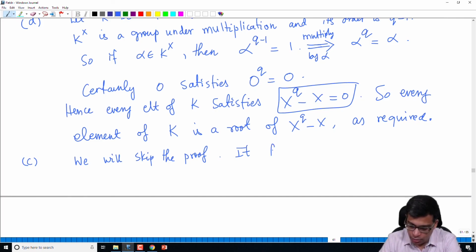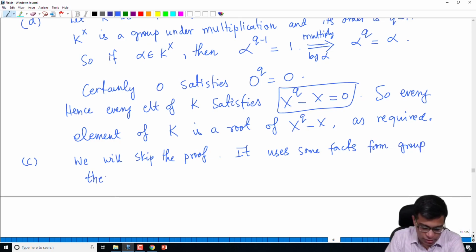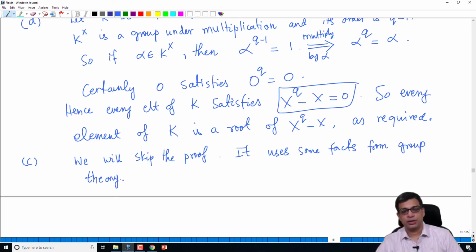This is really a group theory statement. It uses some facts from group theory. One way that you can prove this is using something called the structure theorem for finite abelian groups. It takes me away from what I want to do, and I don't want to spend time on that. So I will skip the proof.